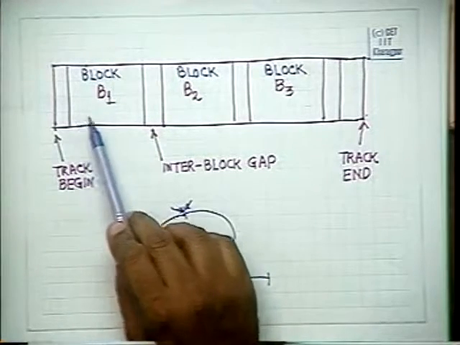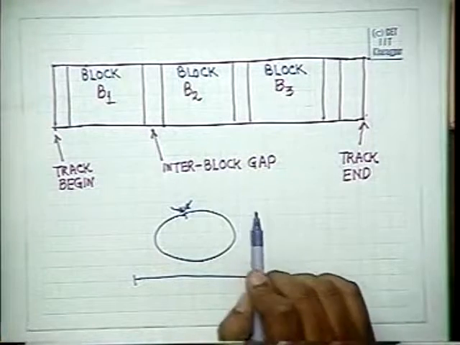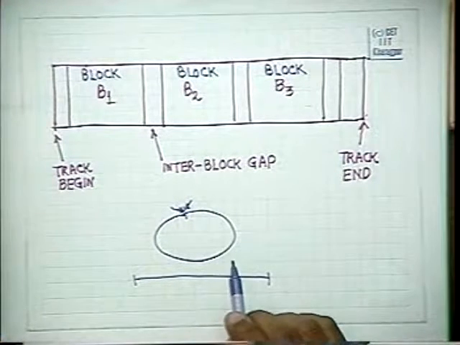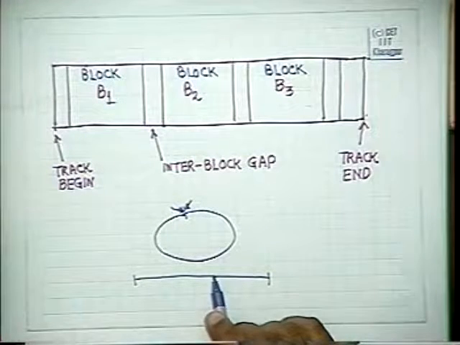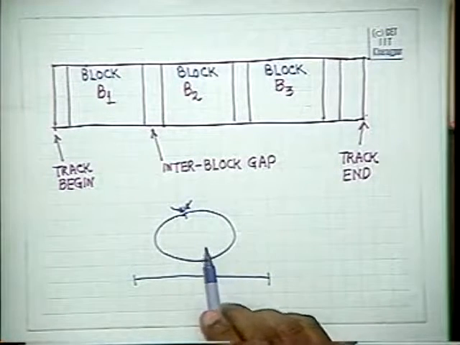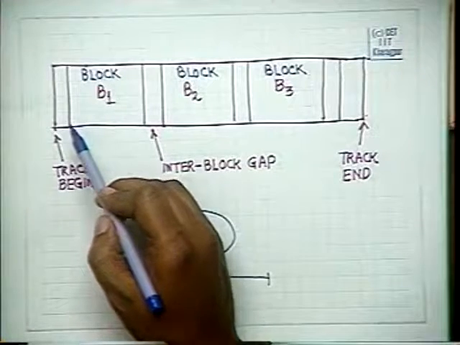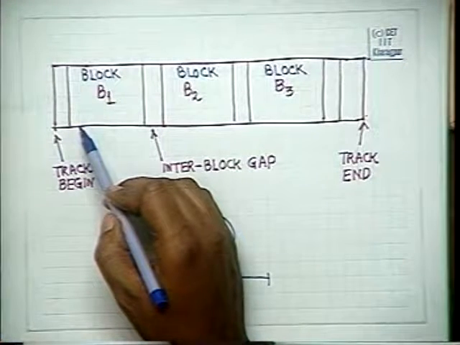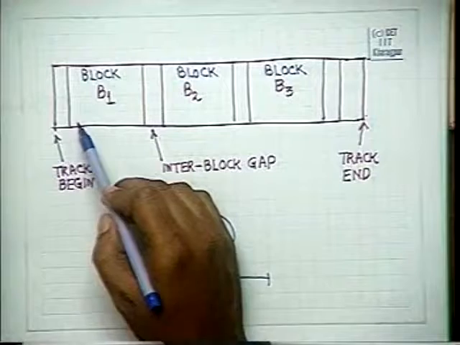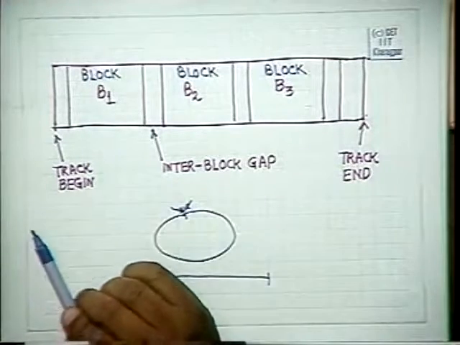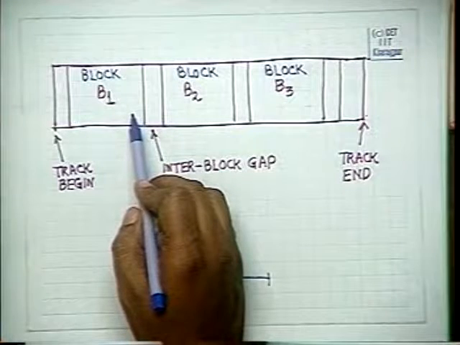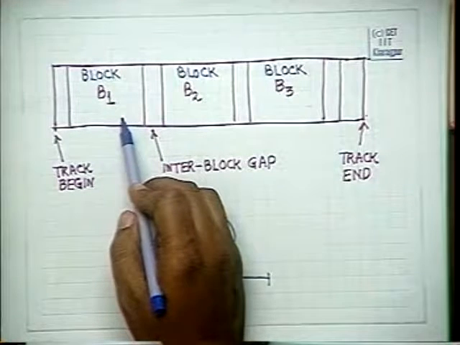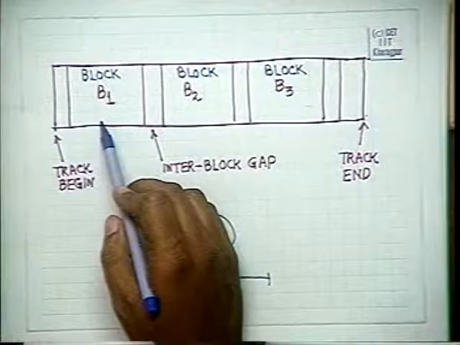Now what is the importance of a block? The block is the unit of data that is read at one single shot through the disk. That is, when you give read, it does not read one bit of data or one byte of data. It reads slightly more than that. It reads what is called one block of data, and this is usually much more than 1 byte or 2 bytes. It may be 512 bytes, it may be 1 kilobyte, and things like that.